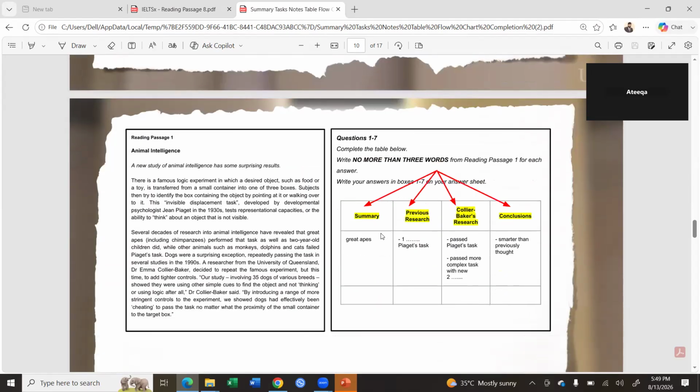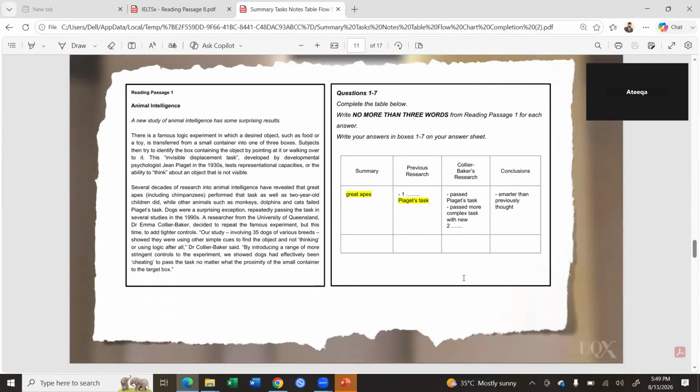Then again, we have the different sections. So in the summary section, we should not be looking for our answers. In the previous research section, we should be looking for the answer to our question number 1. And in the Collars Baker's research section, we should be looking for the answer to question number 2. So this is how you quickly reach the point where you should be looking for your answer.